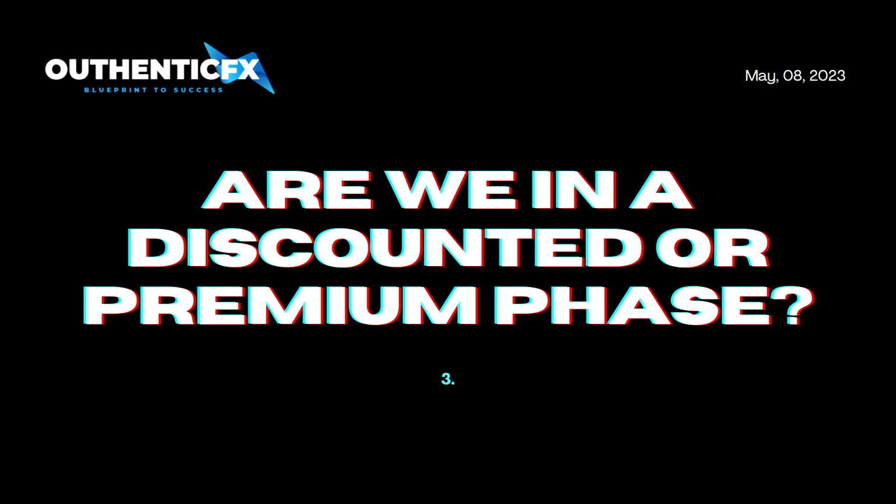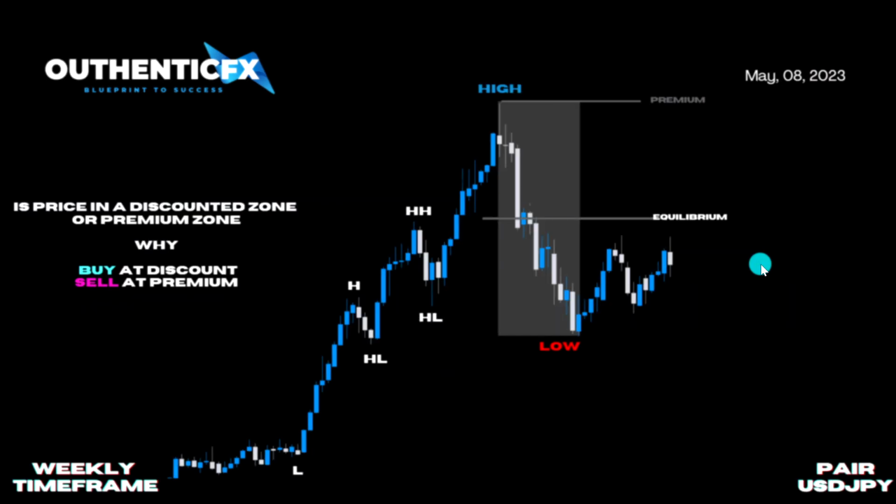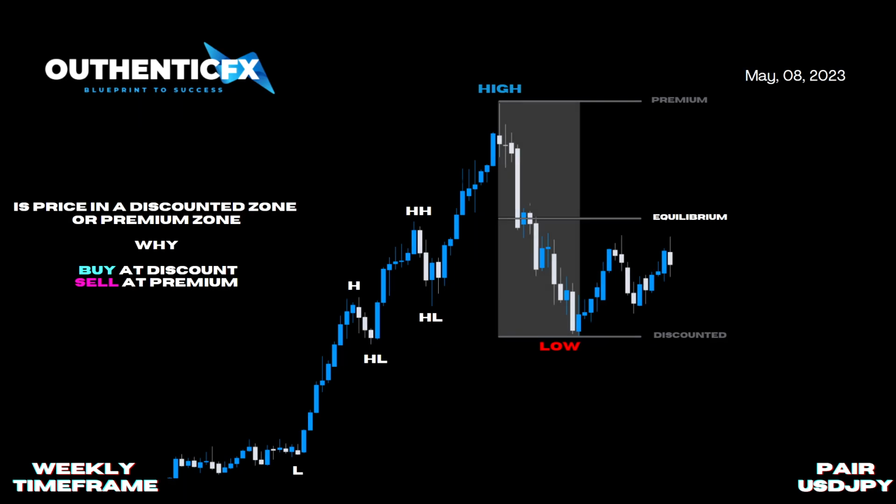From what I just explained to you guys, now I want you to ask yourself, what is premium, what is discounted? I'm just giving you a few minutes to gather your thoughts. To mark it up, we mark from the high to the low. This is our new trading range.